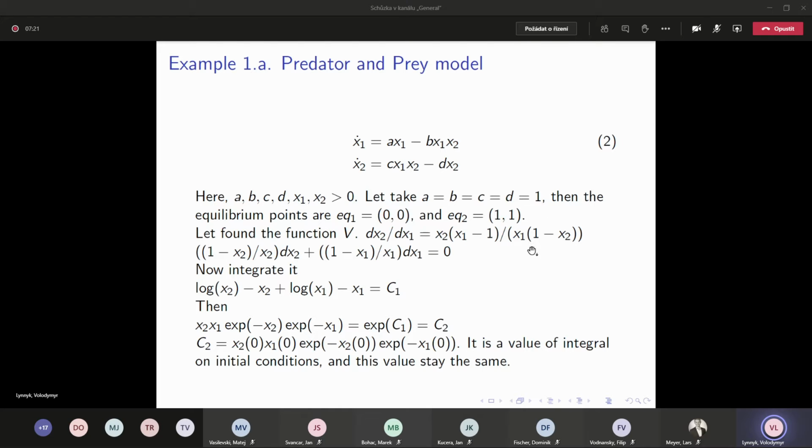The equilibrium points are 0, 0 and 1, 0. If we calculate the Jacobian, we can say that it is locally Lipschitz on R2, and I can show you the simulation in MATLAB now.